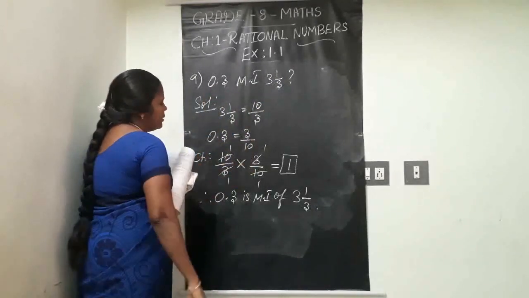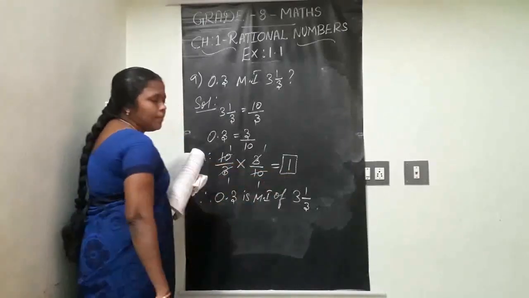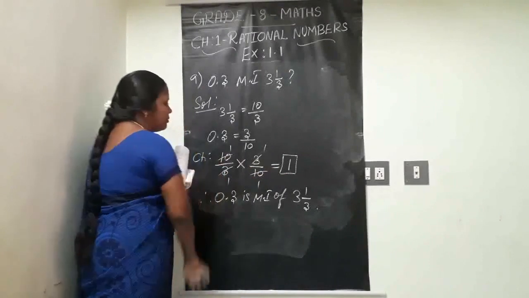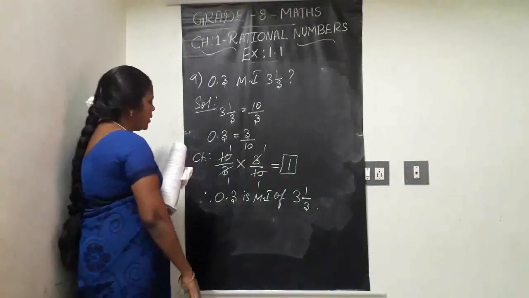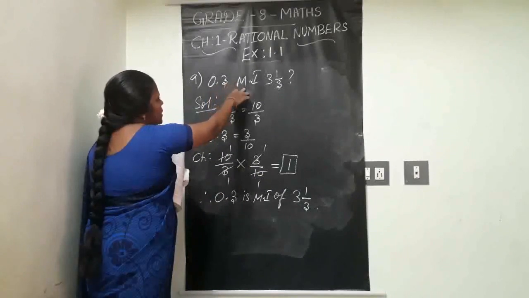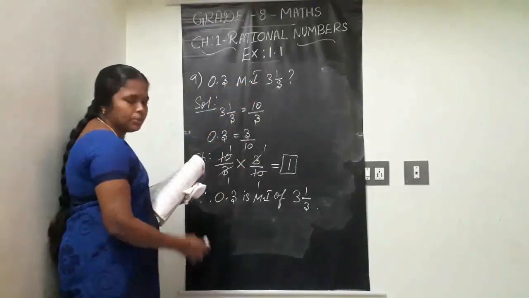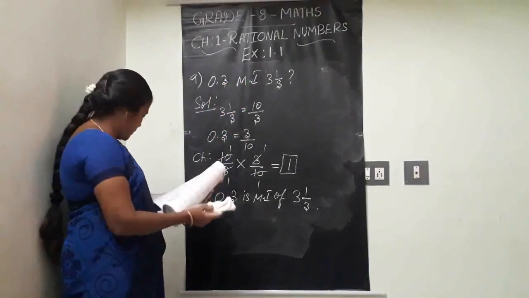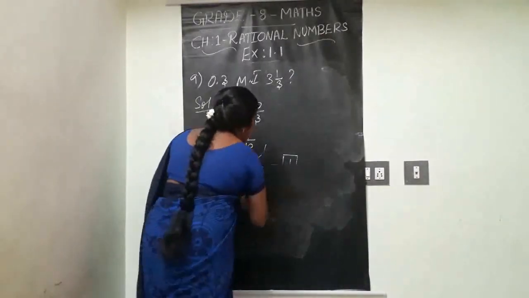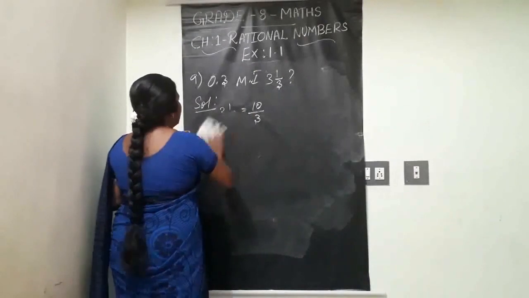Both multiplied, and at that time the answer came as 1. It satisfied the condition of multiplicative inverse. So we concluded the given decimal number 0.3 is the multiplicative inverse of the mixed number 3, 1 by 3. Clear? That's all, children.